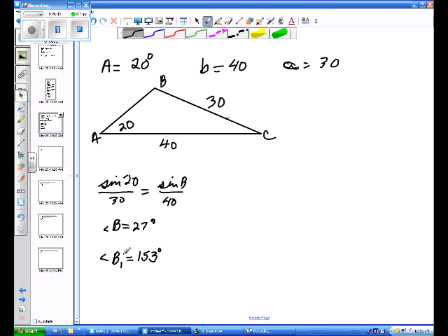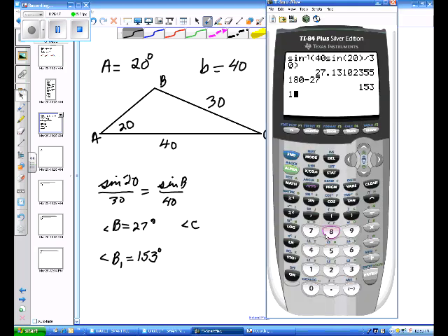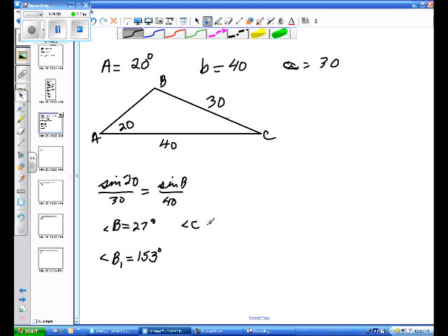Okay, so I've got two separate ones. I'm going to go through and solve it as if it's 27 degrees. So I know A, B, I need to find angle C. Well, that's going to be 180 minus 27 minus 20, which is 133 degrees. And then I need to find side C, so I'll set up my ratio.